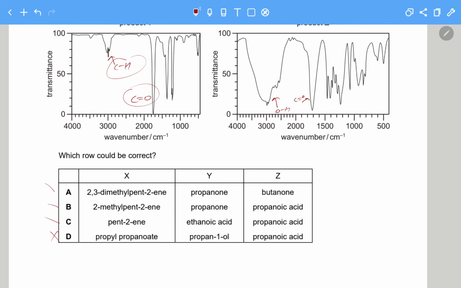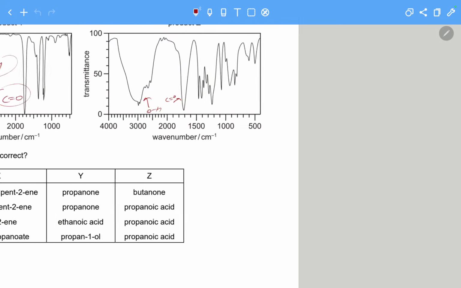So we have narrowed our options to A and B because it cannot be ethanoic acid, does not have an OH group. Remove C. And then we go to product Z. We know product Z has OH, it has CO, has to be a carboxylic acid, and therefore it has to be option B. So you just narrow it down like that and find the correct answer.